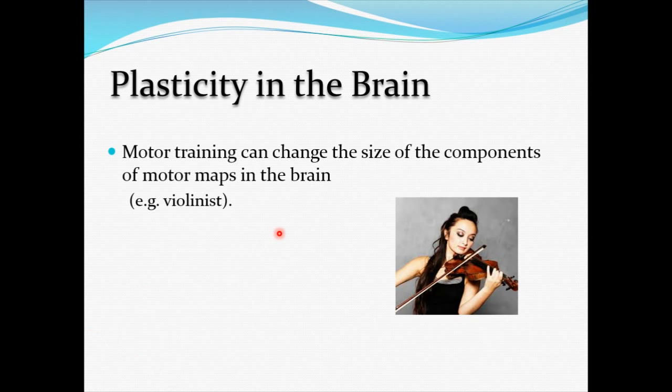And just regarding plasticity in the brain, I don't know if you already know this, I'm sure you do, but motor training can change the size of the components of motor maps in the brain. That area of the brain changes its size. You probably won't see it on a brain scan, but upon autopsy you'd be able to see it.